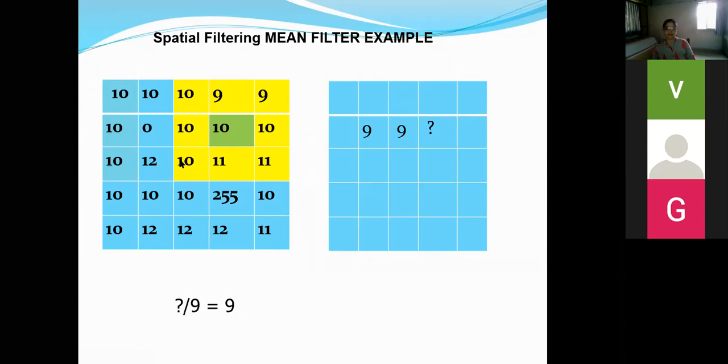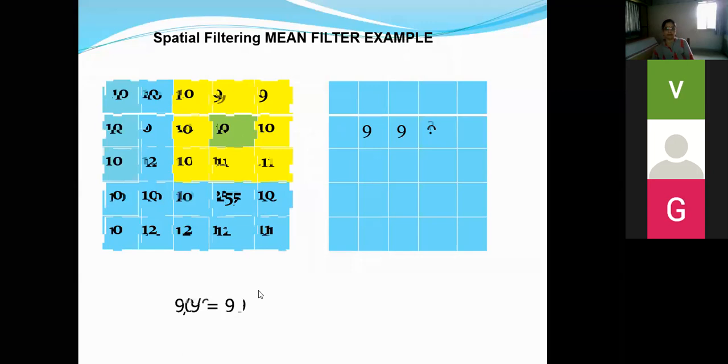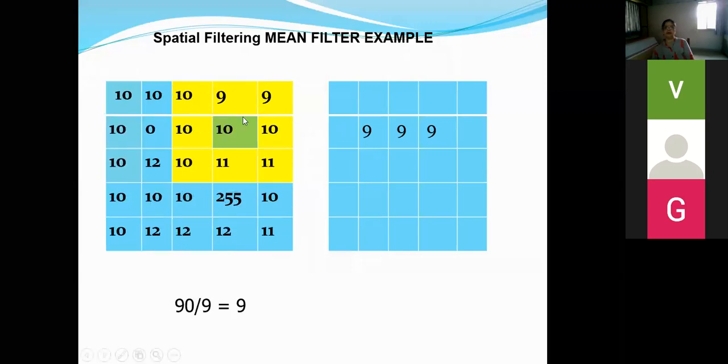For the next pixel, I think you're getting the correct addition, 90. 90 divided by 9 gives you the exact value 9. So for the third pixel, you are getting the value as 9.